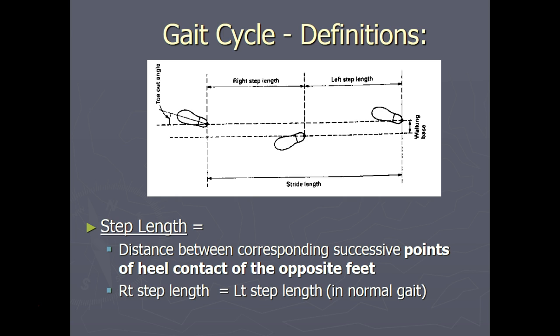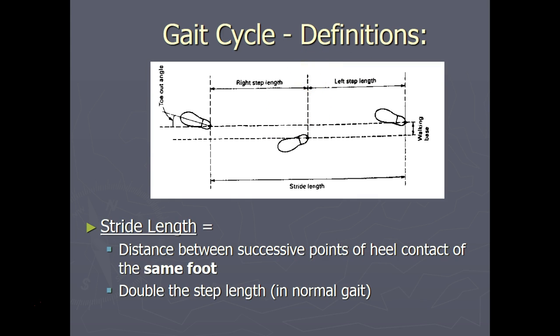Now, for the most part, unless the patient is injured, your step lengths on the right side and left side should be relatively equal to one another. However, what you will find in an injured state is that is usually not the case. Either one step length is longer or shorter depending on the particular pathology.